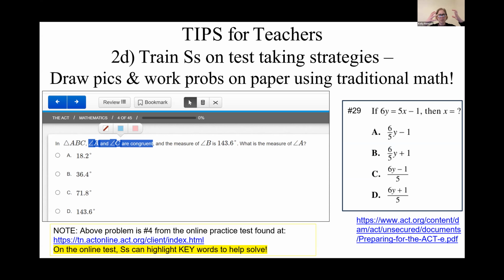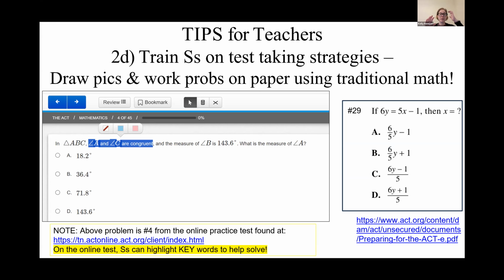So it might help students when they're reading the problem to highlight certain words. When I taught students the paper test, underlining key words within that problem helps, or boxing certain things. So using the highlight tool on the online test, I think, can be very helpful.